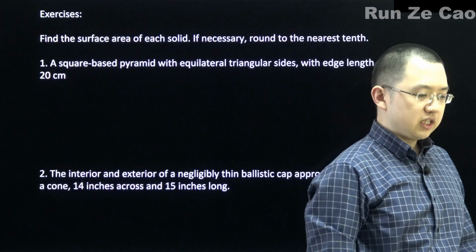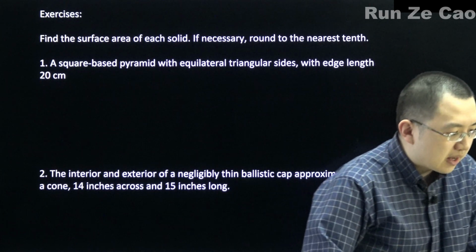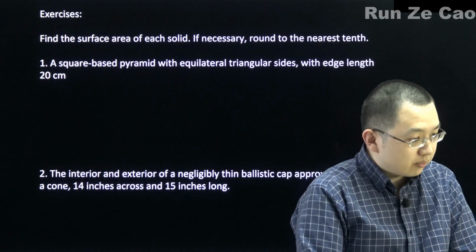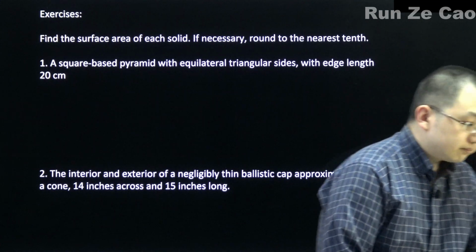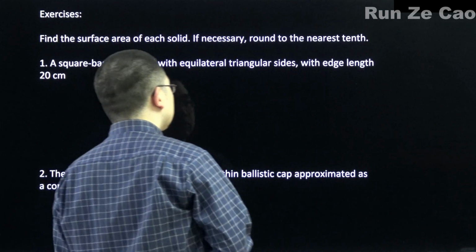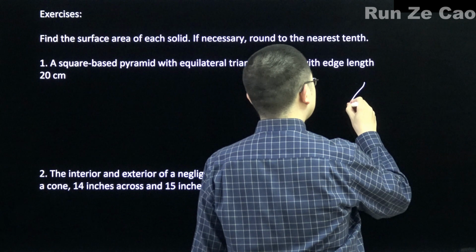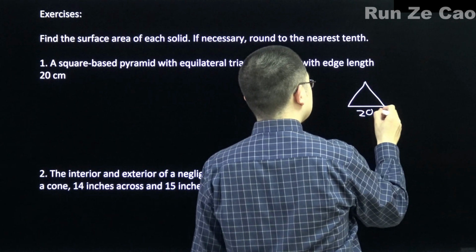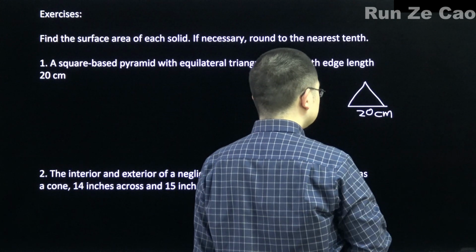Find the surface area of each solid. If necessary, round to the nearest tenth. A square-based pyramid with equilateral triangular sides with edge lengths 20 centimeters. Okay, so for these equilateral triangles, you're looking at 20 centimeters.